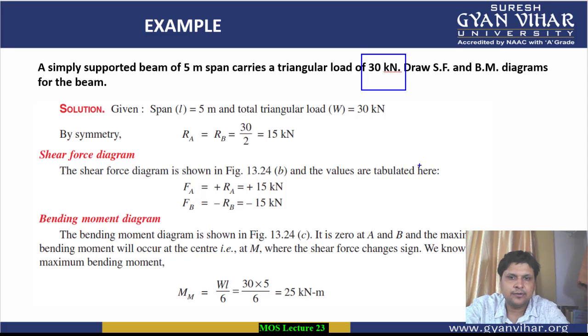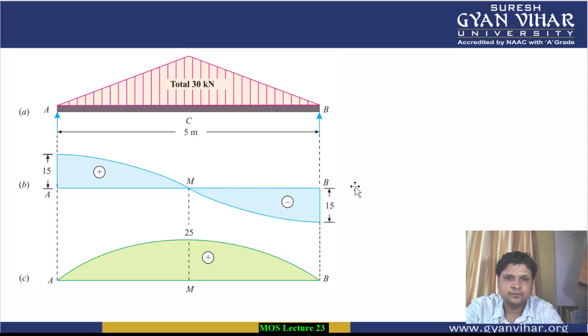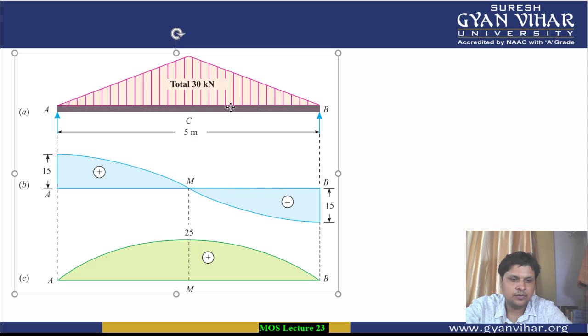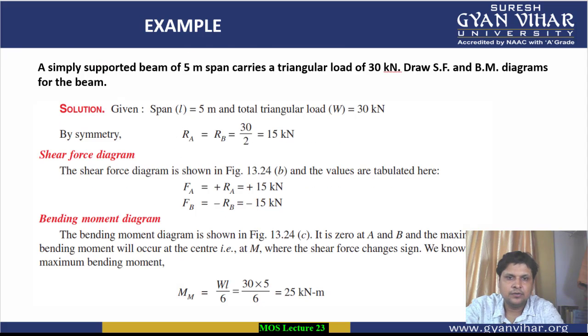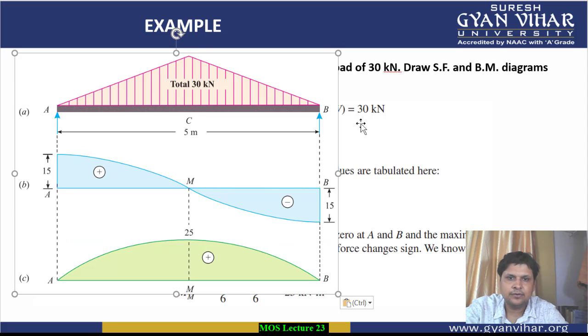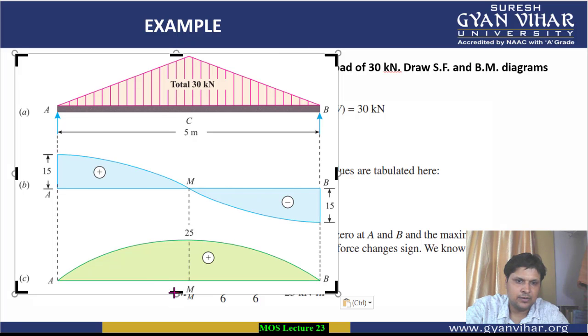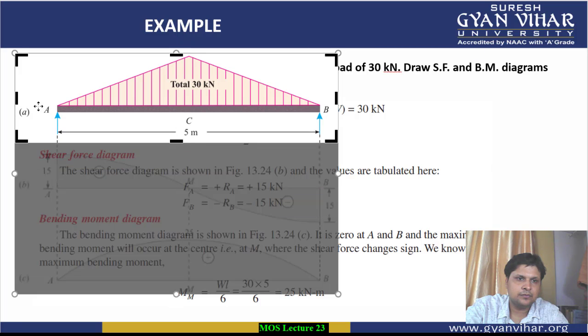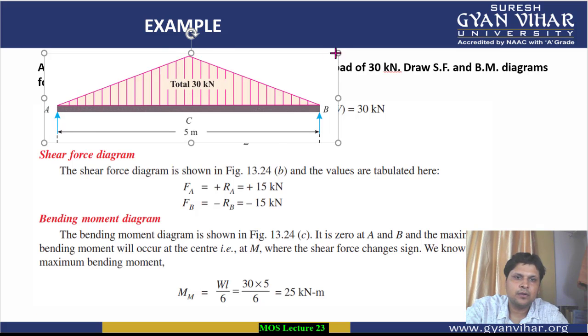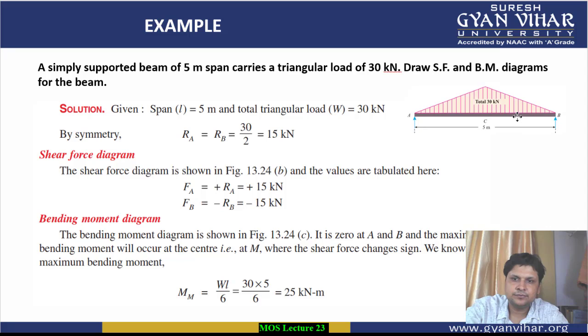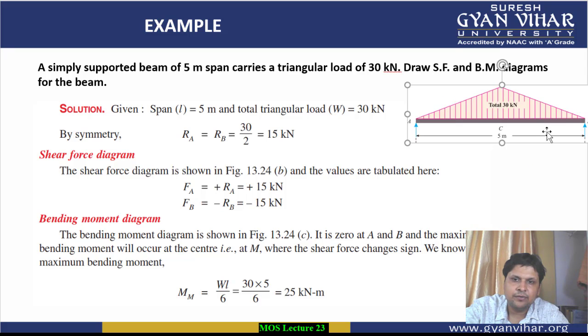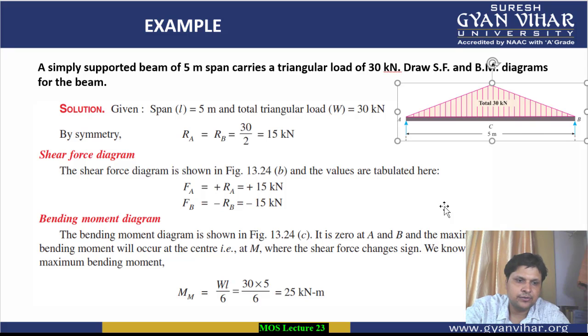Let's first of all bring that particular drawing here also. So this is the load, students. In this load, you can see the total load given to us is 30 kilonewton.